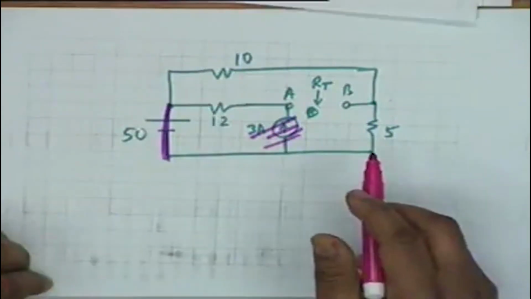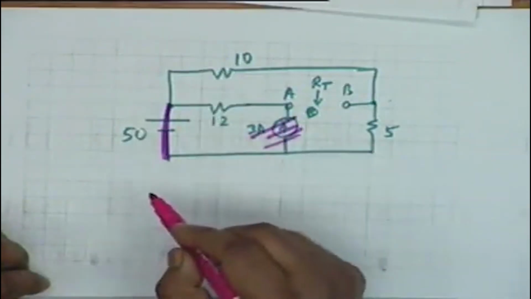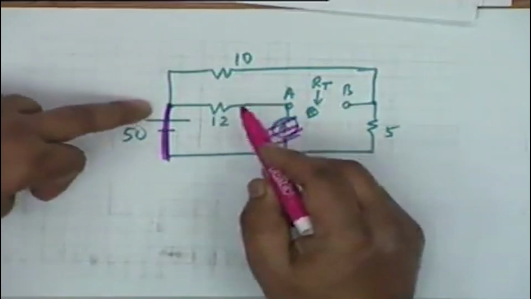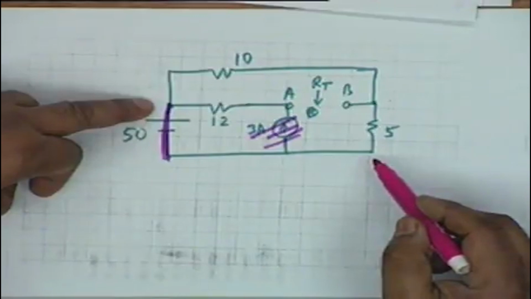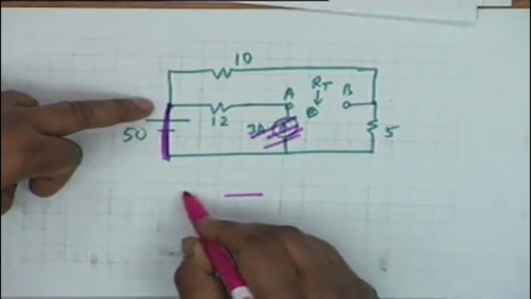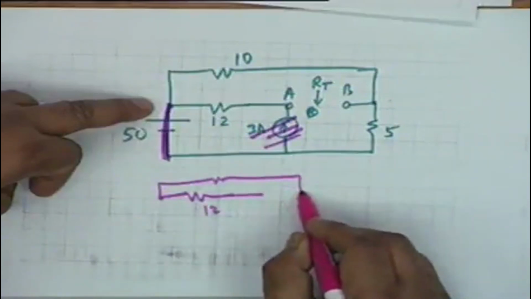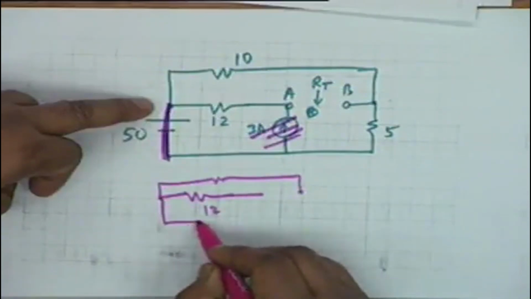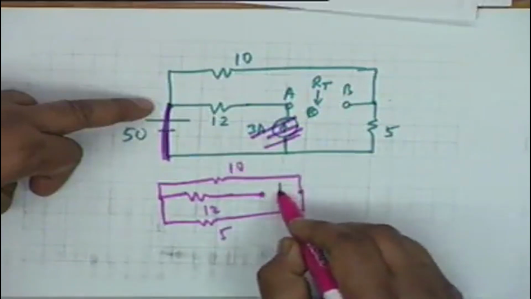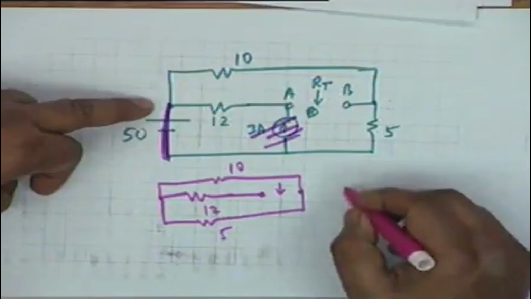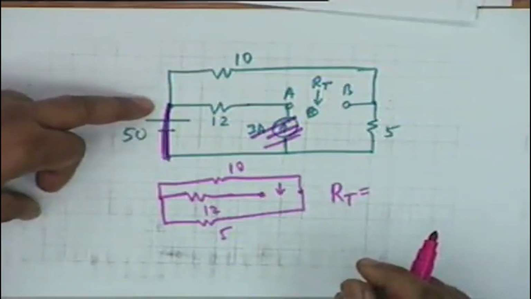What are you left with? You are left with a 12 ohm in series with a parallel combination of 10 and 5. Isn't that right? What you have is 12 ohms, then a 10 ohms here and a 5 ohms here. This is the equivalent circuit. You are measuring the resistance between these 2 points. So RT is almost obtained by inspection.